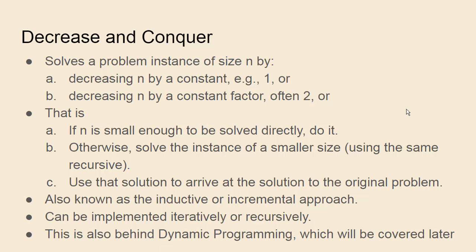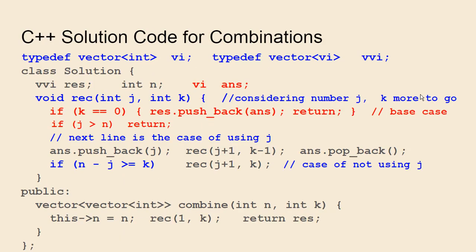And oftentimes this will mean you need to solve somewhat different problems or construct more information for a smaller size instance, so that you can actually construct the solution to size n. That concept will be revisited when we encounter dynamic programming.